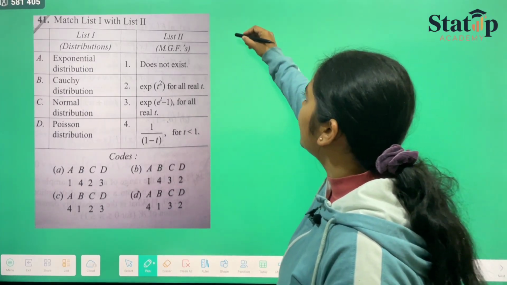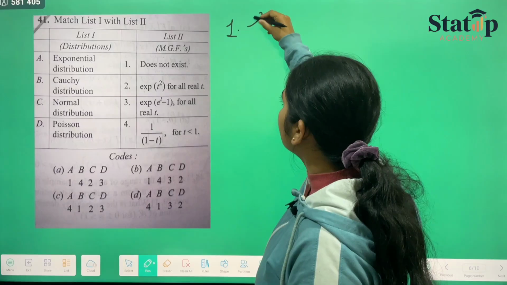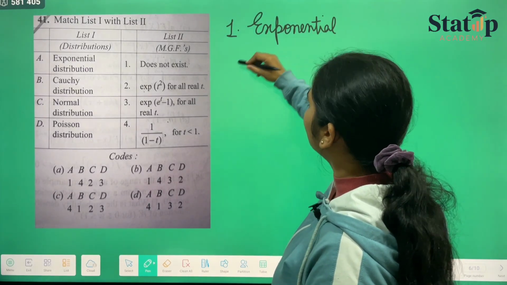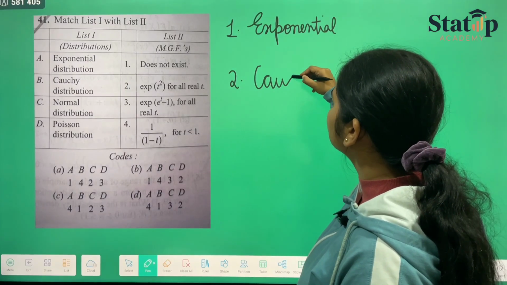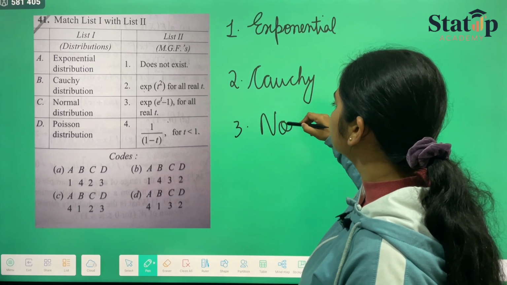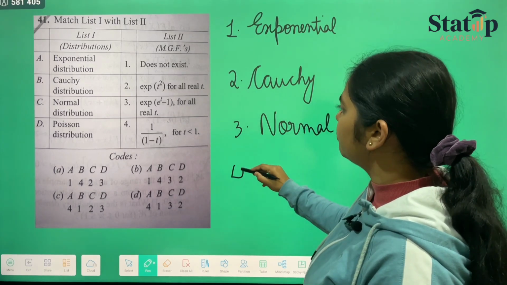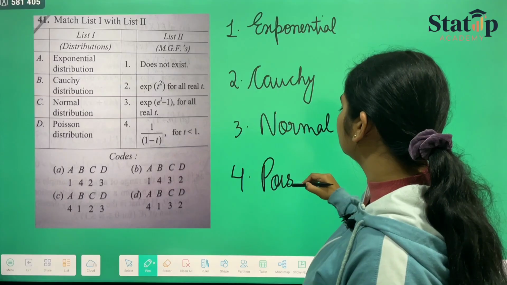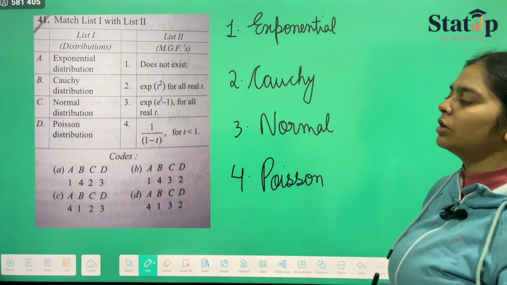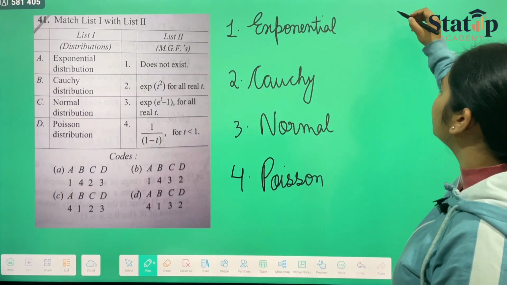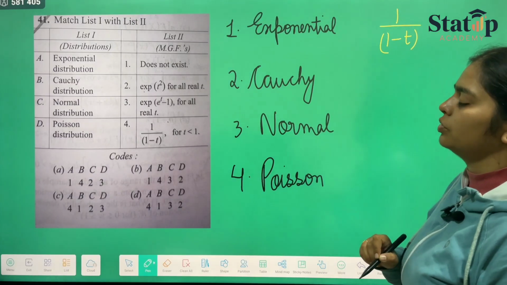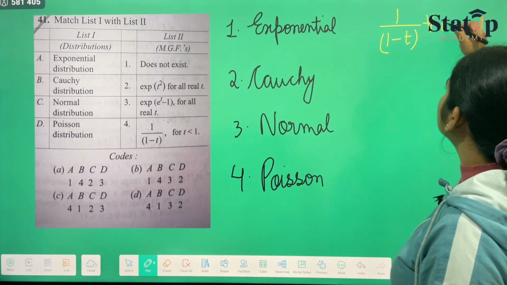So first of all, they have given us the exponential distribution. The second one is Cauchy. The third one is normal, and the fourth one is Poisson. Okay, so the exponential distribution, as we all know, has the MGF 1 upon 1 minus t for all t less than 1.